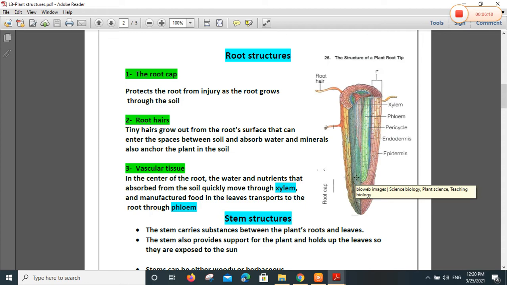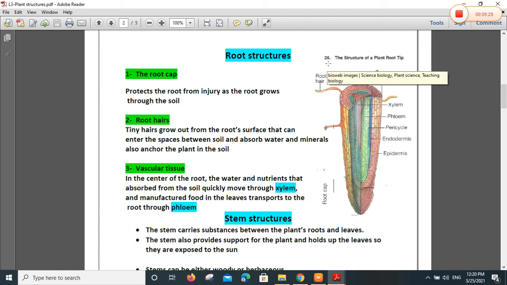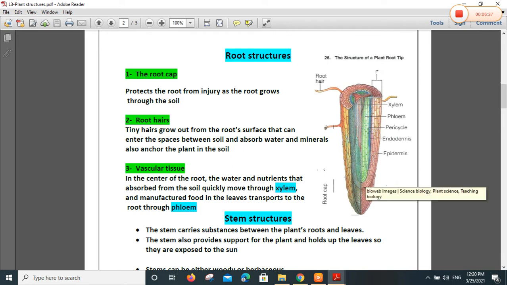Water and the nutrients absorbed from the soil quickly move through xylem. The manufactured food in the leaf, prepared through the photosynthesis process, is transported through the phloem, downward and upward.